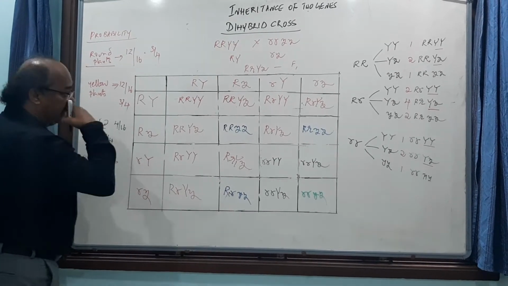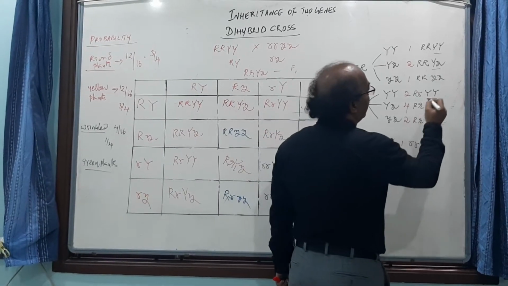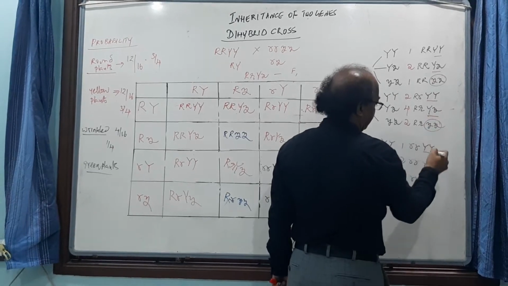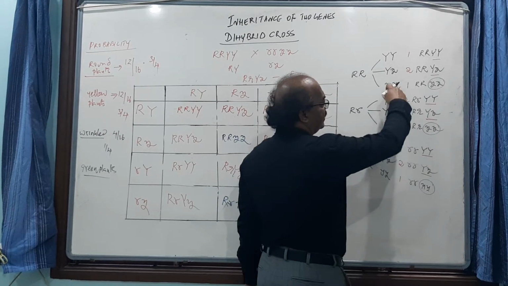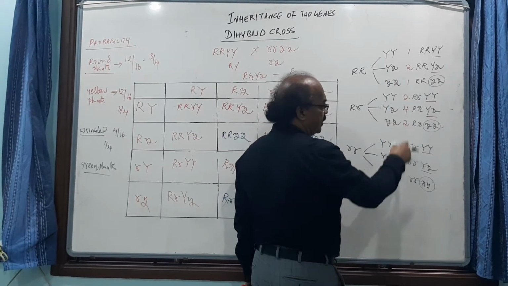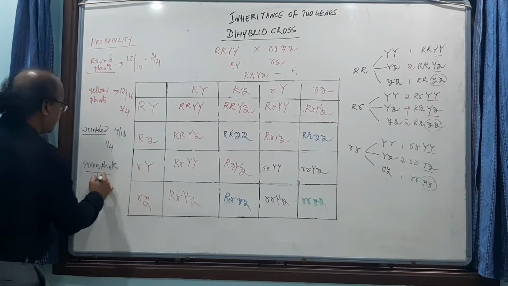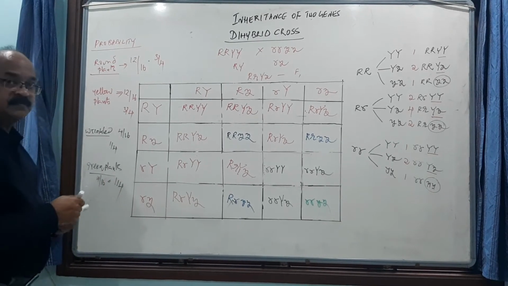Green. Small y, small y. Small y, small y. Small y, small y. 1, 2, 1. 1 plus 2 plus 1. 4 plants. Out of 16, that comes to 1 by 4.